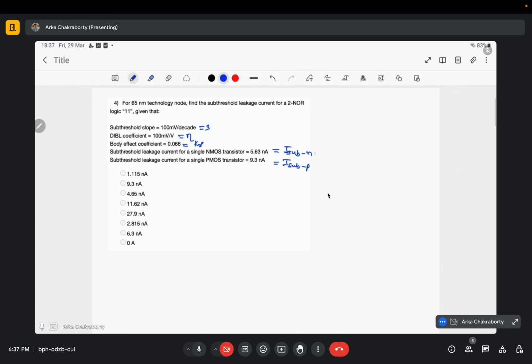So basically this is the off one. Let's find it out. It is given that it is a 2-input NOR, so let us draw the 2-input NOR first. Till now we have seen NAND, now we'll be looking at NOR.